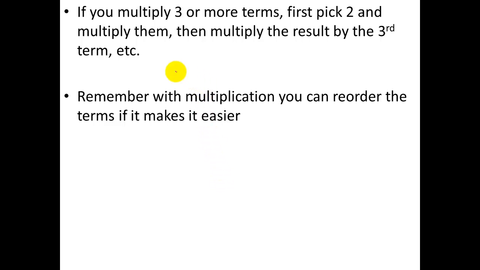Okay, if you multiply 3 or more terms together, so if you have now 3 things multiplied together, and each one of them is a polynomial, pick 2 of them and multiply. So start by just multiplying these 2 together using one of the methods that you learned. Then once you get an answer, now you have some big answer here, and this third one stayed the same, you can multiply your answer by whichever is here.